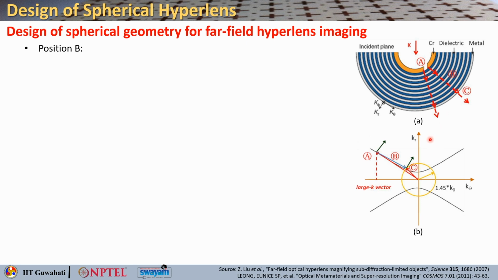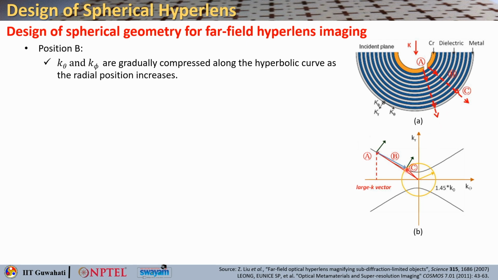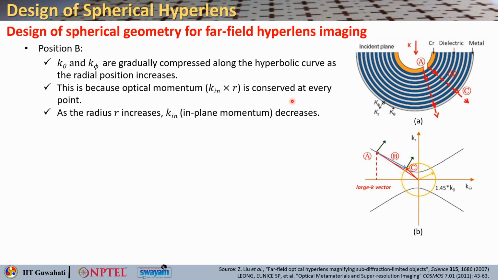At this position, your k theta and k phi are gradually compressed along this hyperbolic curve as your radial position constantly increases. This is because the optical momentum, which is k in cross r, is conserved at every point.